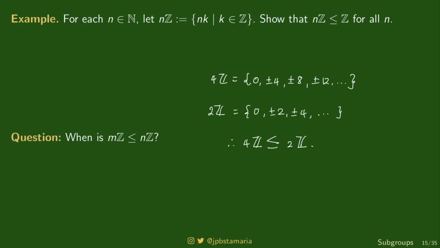Pero for example, si 5Z ay hindi subgroup ng 2Z kasi ilan lang yung even na nasa 5Z. May mga elements si 5Z na wala sa 2Z, halimbawa 5. So in general, when can we say that MZ is a subgroup of NZ?